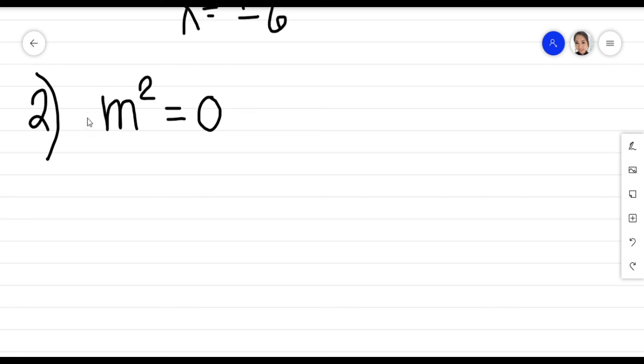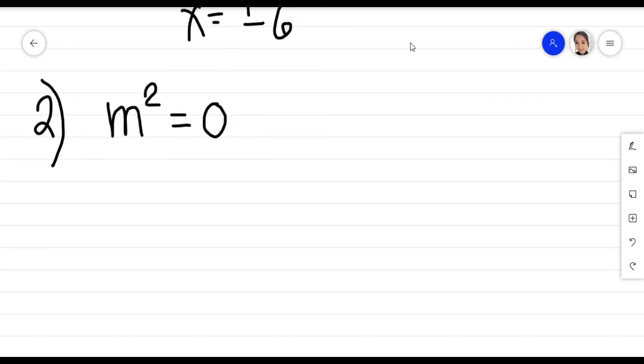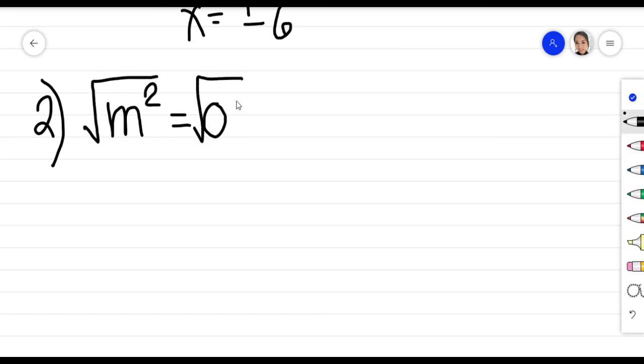So we write a square root symbol on the left side and do the same thing on the right side. So remember that there is an invisible 2 here, so we could cross that out. What is left is m equals, we will not write any more positive and negative here since the number inside the square is 0, and 0 is a non-positive or non-negative number.